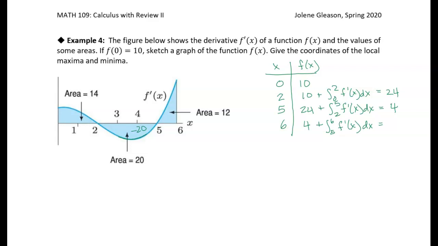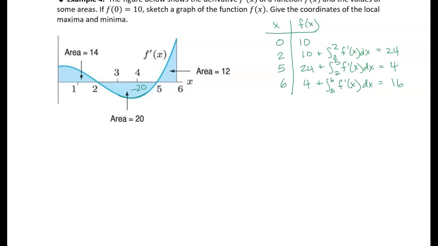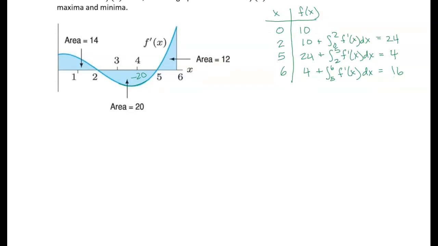We're told that area is 12, so we add 12 to 4 and get 16. So now we have a table of values, and we can just plot those values. We can also look at the shape of the graph based on the shape of the derivative.